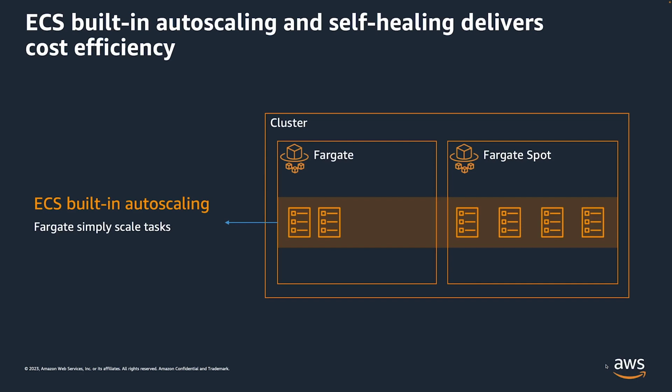ECS can easily scale up and scale down tasks as needed by the application demand. Moreover, the tasks can be spread between Fargate on-demand and spot instances. That's great cost savings. If a task dies in ECS, it will be replaced automatically.